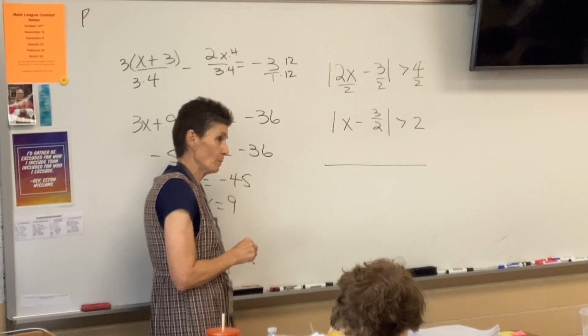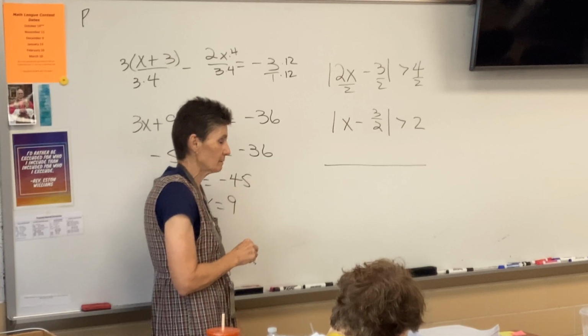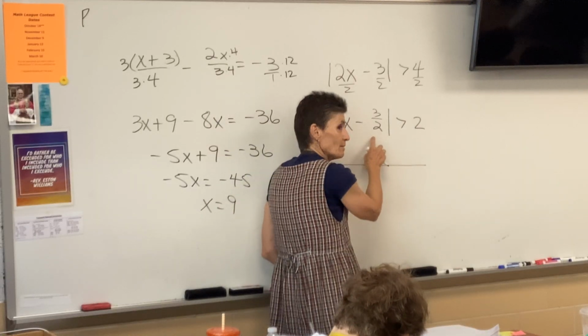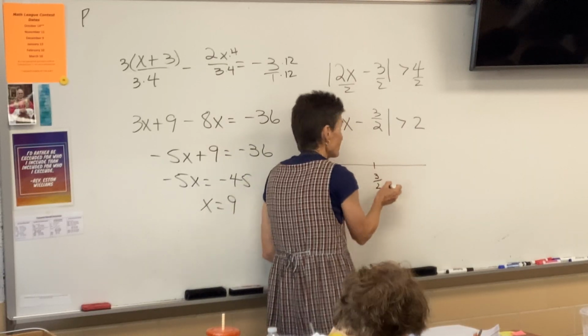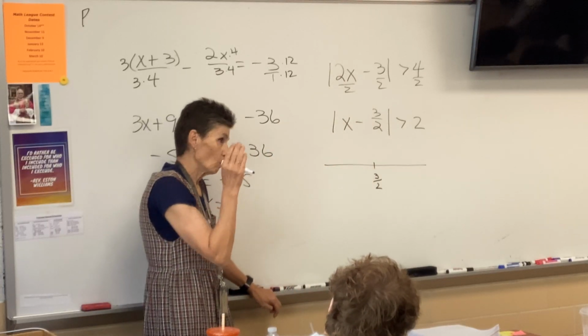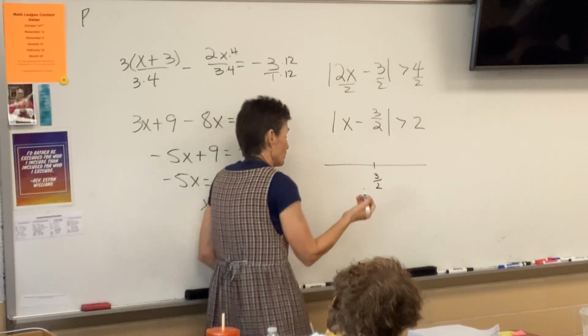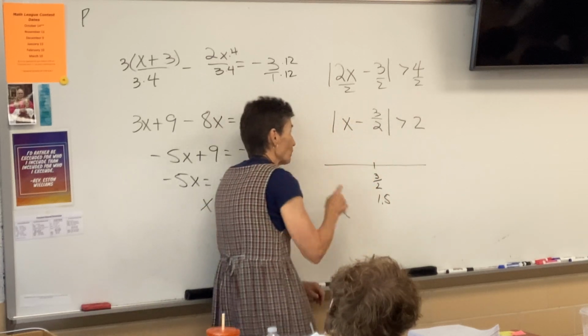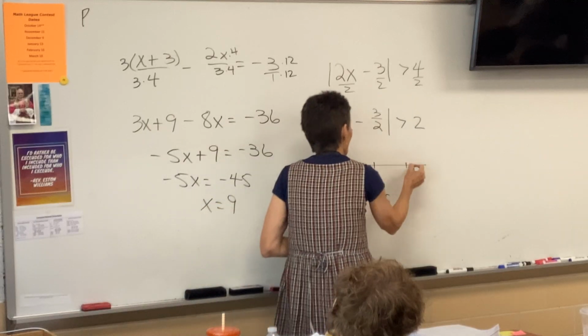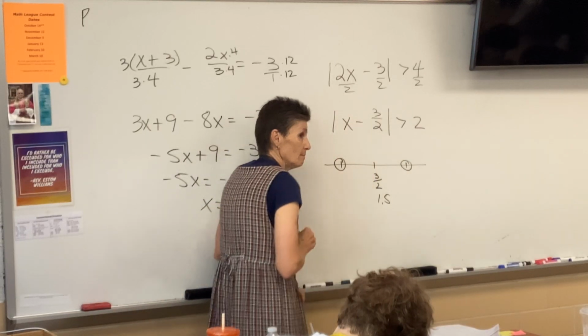No matter how you do it, you're going to want to have a number line. And then in the middle of the number line, remember how this works? I'm going to put a 3/2 or a 1.5, however you think about it, right in the middle of the number line. And then we're going to have a dot over here and a dot over here.